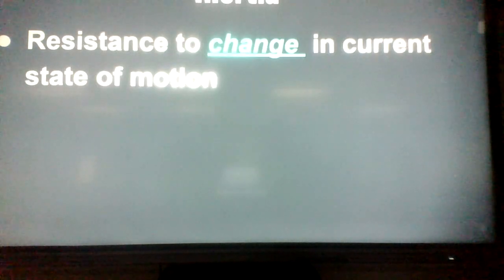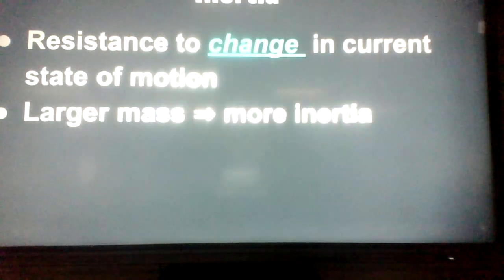We can change that motion, which would be standing still, much more easily. Now, try to kick that bowling ball, you're going to hurt yourself. That's because larger masses, not necessarily larger volumes, larger mass means more inertia, more resistance to a change in the state of motion. That ball sitting still, not moving, that's the current state of motion, no motion.